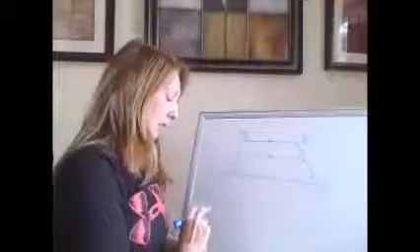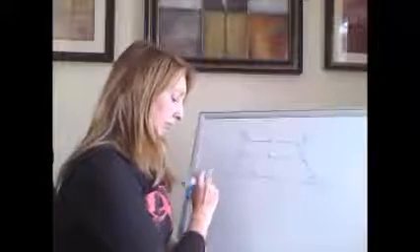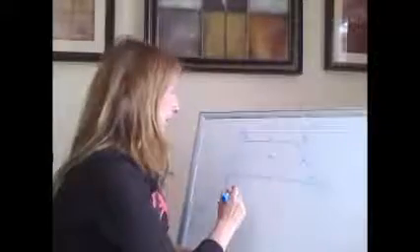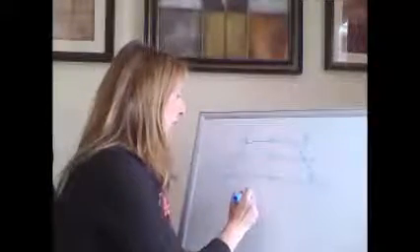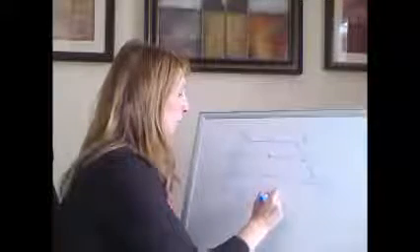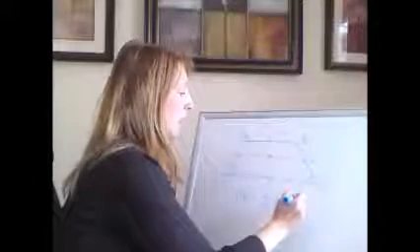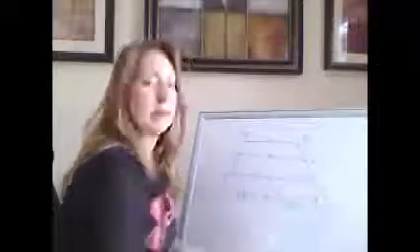So in this case, let's call this U and this V. So in this case, we're going to write this. UV is going to be equal to 1/2 the sum of QR plus TS.